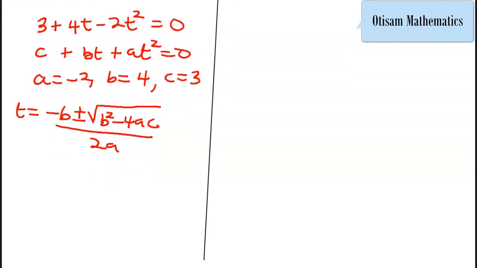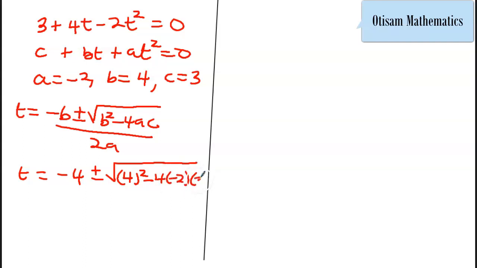So we just have to substitute. t will be equal to minus 4 plus or minus the square root of 4 squared minus 4 times minus 2 times 3, all over 2 times minus 2.